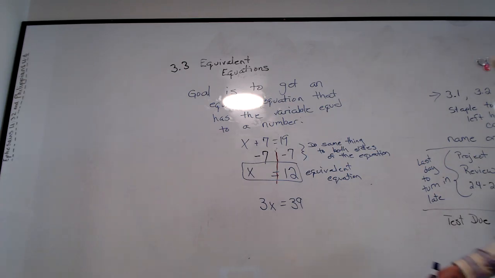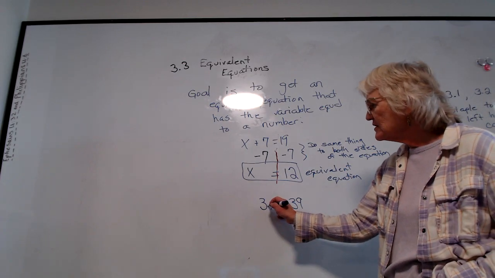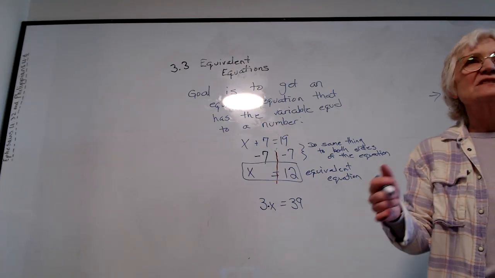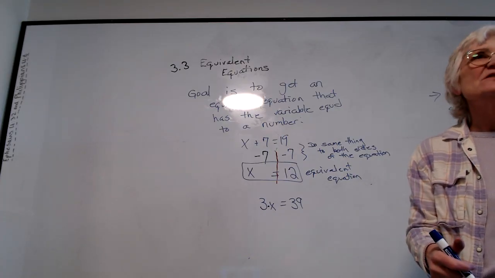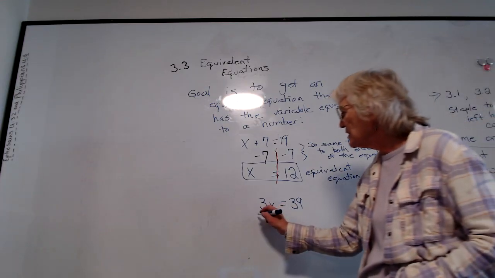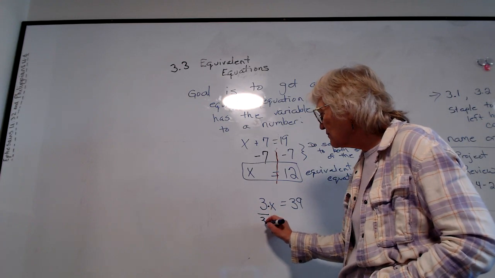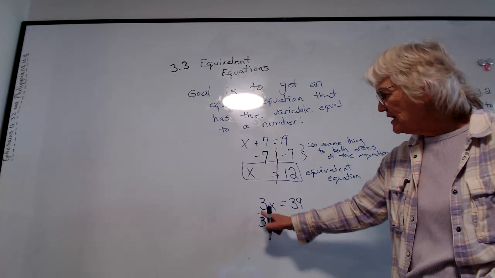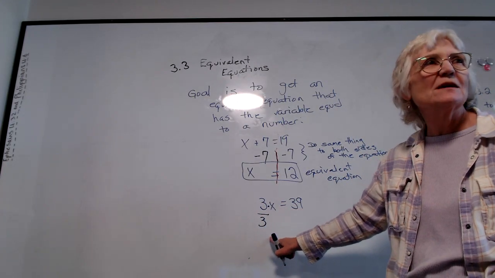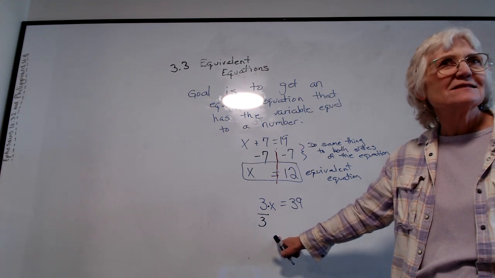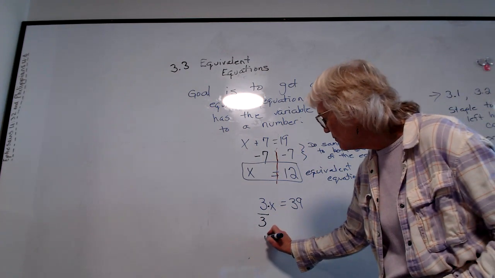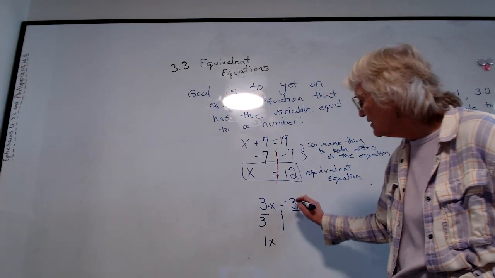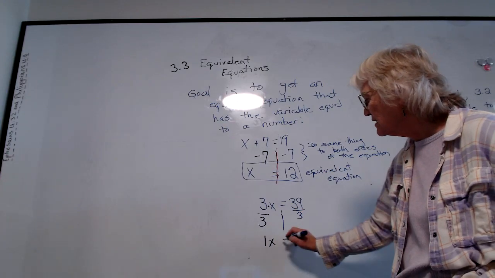I have a 3 times x, and we do the opposite of multiplying to get rid of the 3, because look what we do. If I divide 3 by 3, I will get 1x. 3 divided by 3 is 1. 1 times x is the same as x. So what I end up with here is 1x. I also have to do the same thing on the other side, divide it by 3.